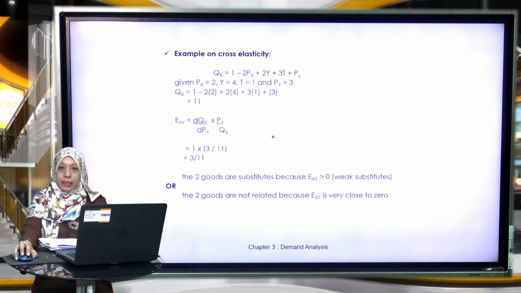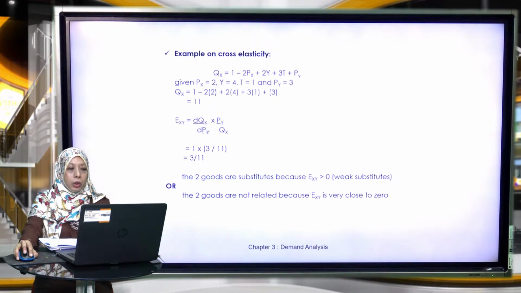Now, let's try one exercise. How are we going to calculate cross elasticity? Again, we are looking at the same example. We know that the cross price elasticity of demand requires you to differentiate your demand function for good X with respect to the price of good Y. When you do that, you have to assume the other variables are constant.